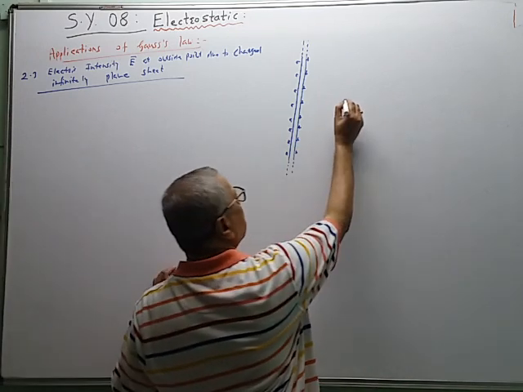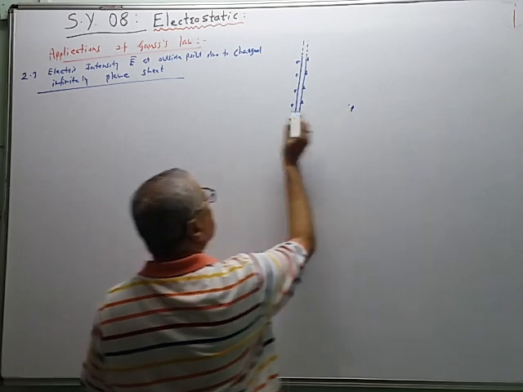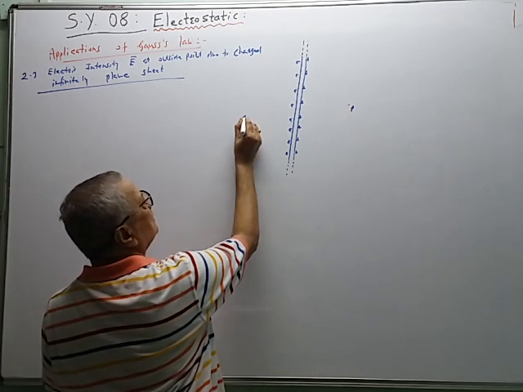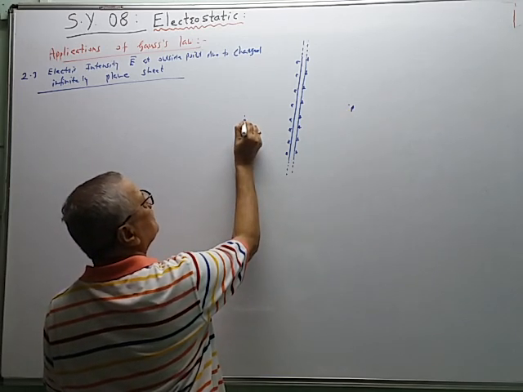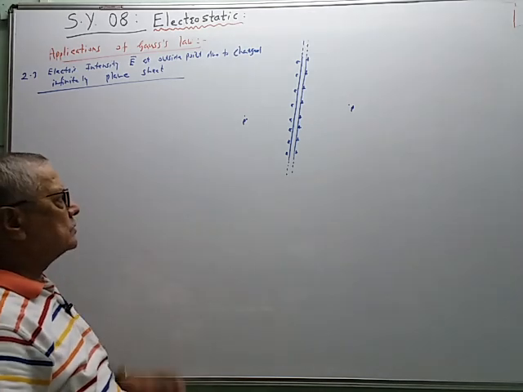To determine the electric intensity at point P and at point P dash, both points are equidistant, at distance r from the sheet.